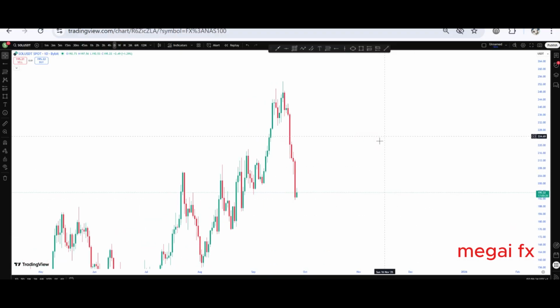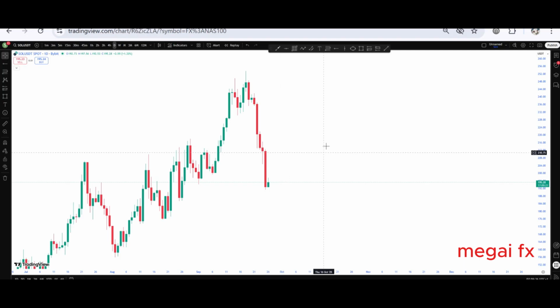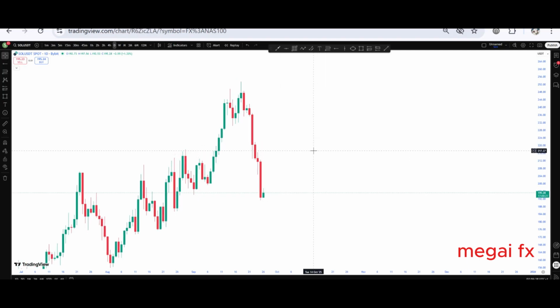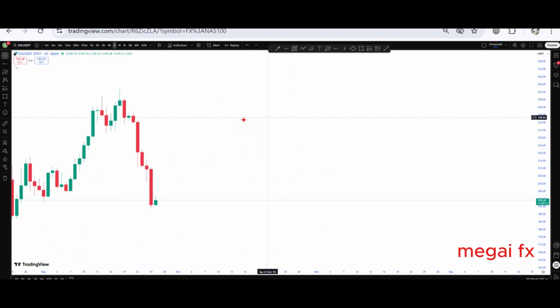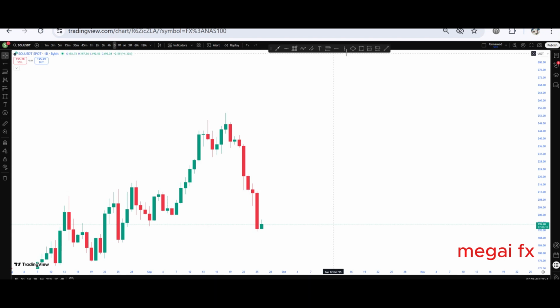Okay guys, this is Solana USDT on daily time frame. I want you to see what happened here. When market was moving higher, at some point on daily time frame, we created this high. I want you to look at it carefully. We created this high, and later on, we have 1, 2, 3 daily candlesticks that swept liquidity, and we got closure below.